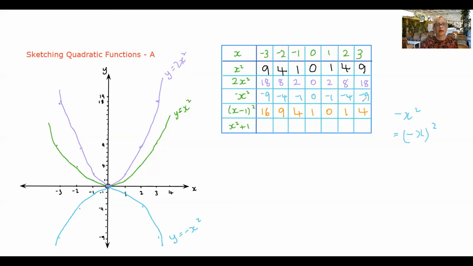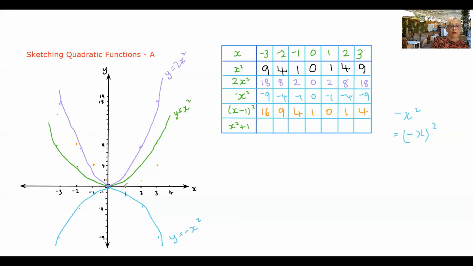So if we do that, at x is -3, we're going to get up here at 16. At -2, we're going to get 9. At -1, we're going to get 4. At 0, we're going to get 1. At 1, we're going to get 0. At 2, we're going to get 1. And at 3, we're going to get 4.